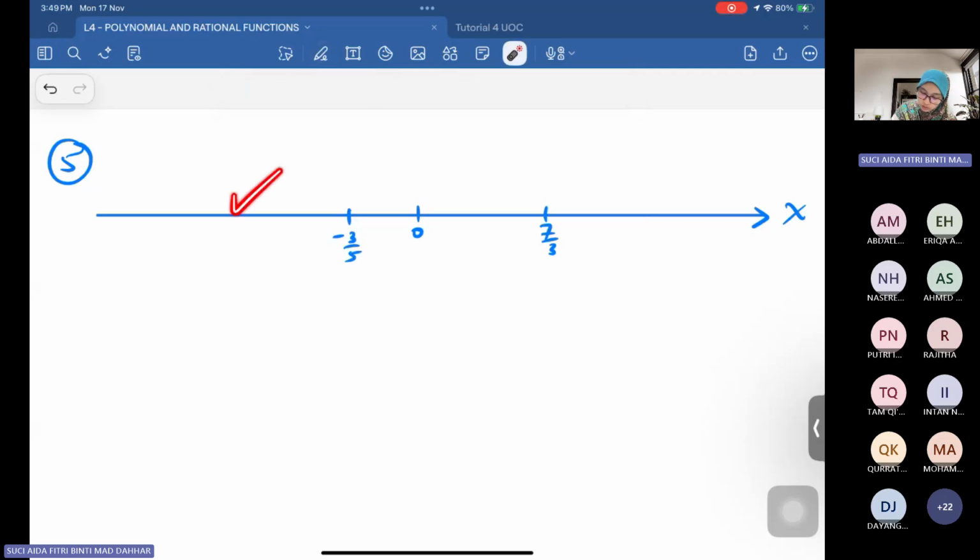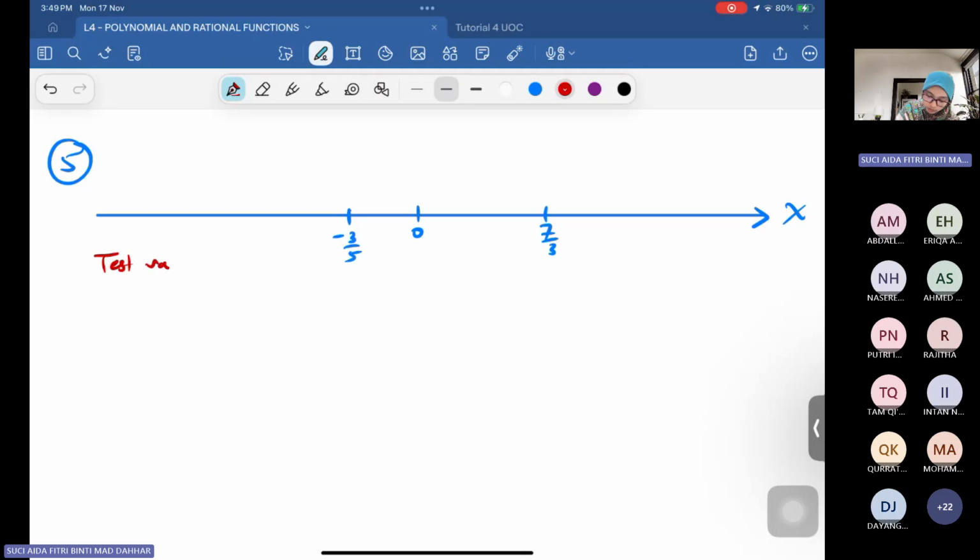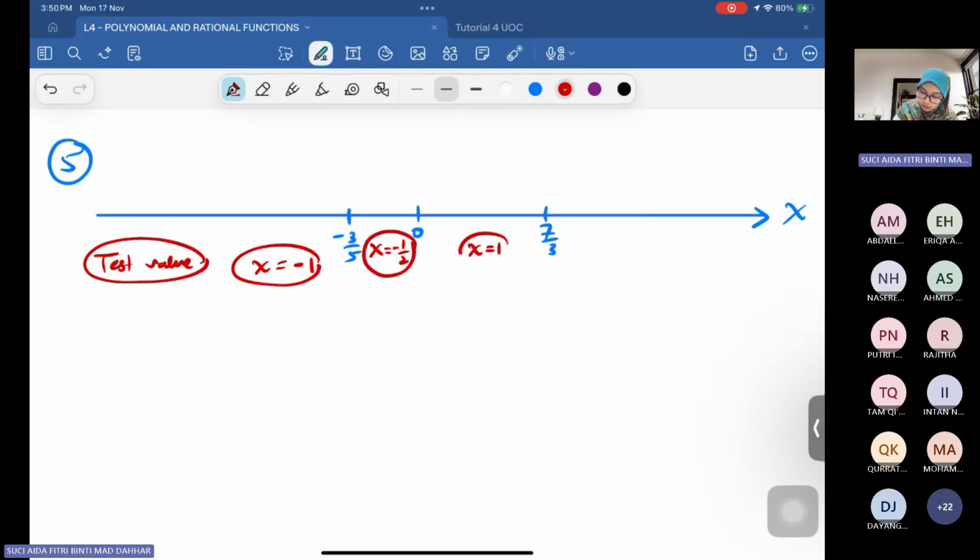So that's divided into 1, 2, 3, 4 partitions. Okay, so let's add the test values that you want to use. Let me pick, 3 over 5 is about 0.6, I can use negative 1 here. I can use negative half. Here I can use 1. And here I can use 3.